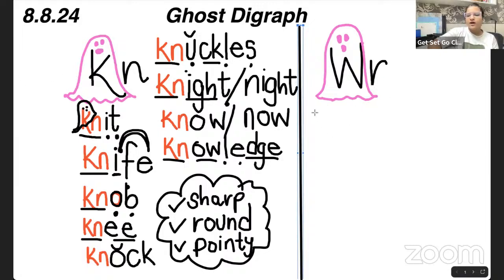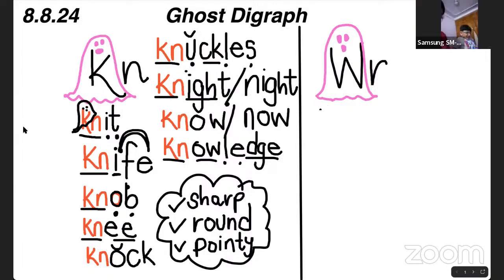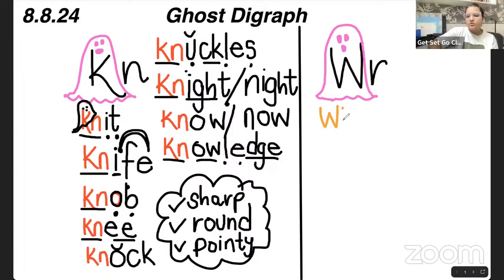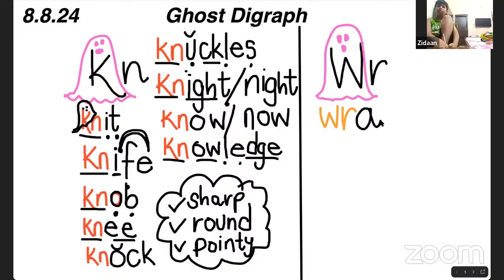Now we have WR. We know that it is a ghost digraph where the first letter is silent, just like ghosts are silent. So then the first word we can write is a simple one. Then I can take you to the other words. Like the first word, if I write down this one, which I used to explain to you also. How do you read this? Are you going to read this as ver or are you going to read this as r? Yes.